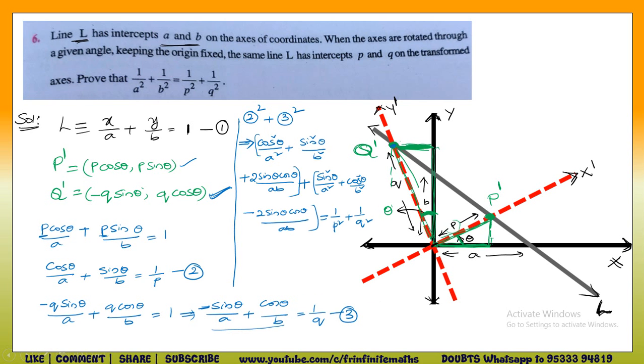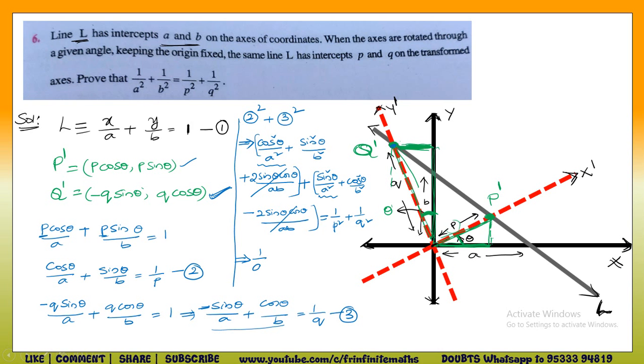Now since this is minus 2 sin theta cos theta by ab plus 2 sin theta cos theta by ab, they will get cancelled. Now this is nothing but cos square theta by a square plus sin square theta by a square. Since the LCM is the same, cos square theta plus sin square theta is 1.